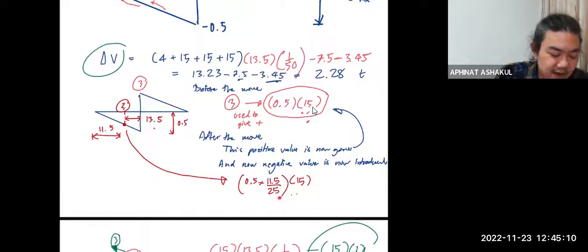So this value is simply the new value of the shear at C introduced by load number 3 when it moves to the new spot. Load number 3 used to be in heaven, now it's in hell. The heaven is gone, and the hell is now here.